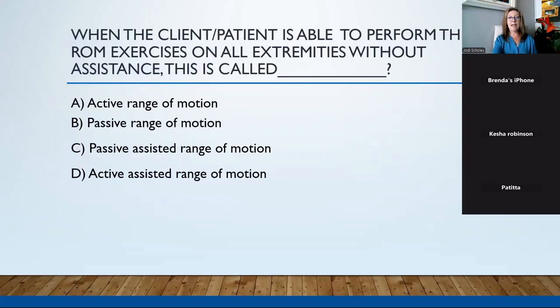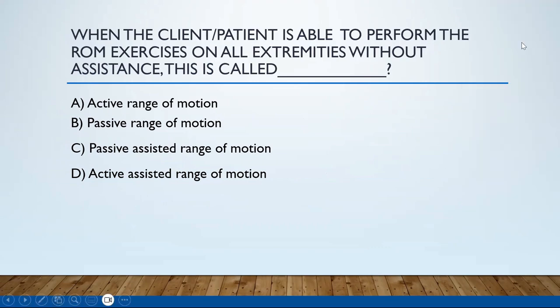When the client is able to perform the range of motion exercise on all extremities without assistance, this is called what?